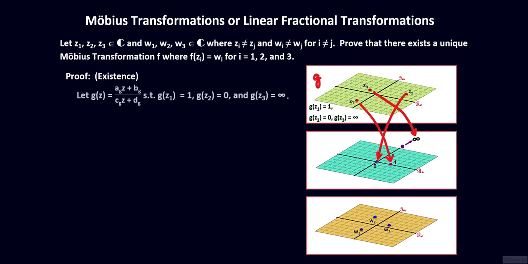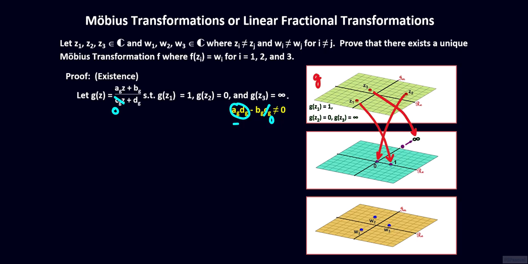Let g(z) be equal to (a_g z + b_g) divided by (c_g z + d_g), with the non-zero discriminant a_g d_g - b_g c_g. Let us suppose that c_g is 0.